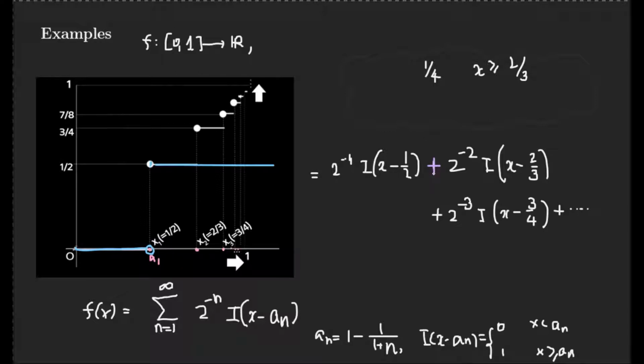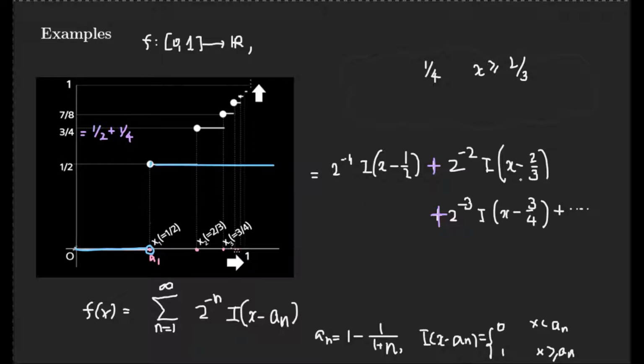So for x larger than a half, the value is still 1 over 2, but when x is more than 2 over 3, we accumulate this value. The result is the value 1 over 2 plus 1 over 4, a quarter, so this is 3 over 4.